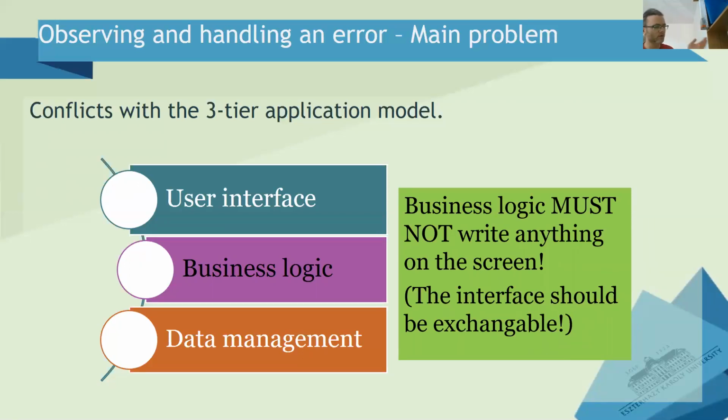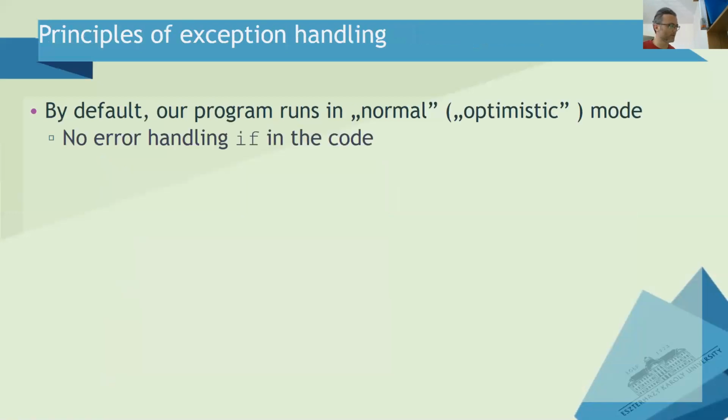At this point, we used a console, but next time, let's suppose the user interface will be changed to a graphical user interface or web interface, and your console write line instructions wouldn't work anymore. So this is a very important problem.